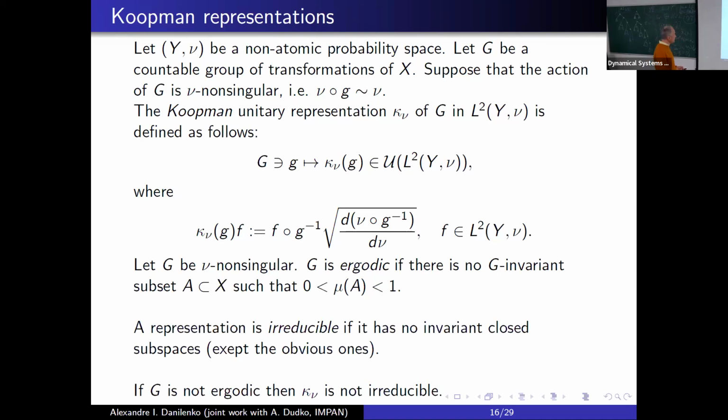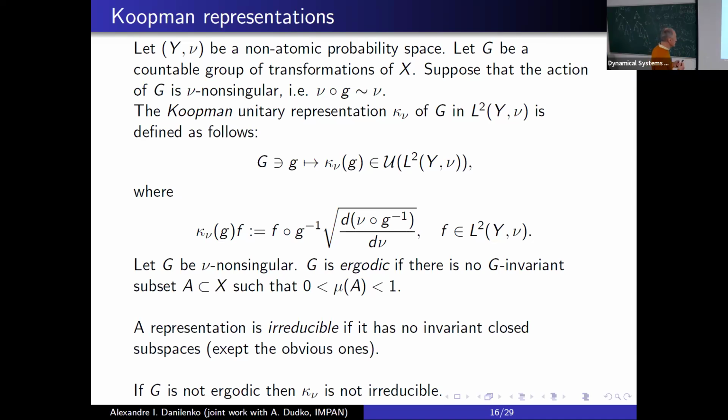We would like to produce irreducible representations, that is, without invariant subspace. But if G is not ergodic, then the corresponding Koopman representation is never irreducible, because we can consider a subspace of functions supported on an invariant subset, and this is an invariant subspace.